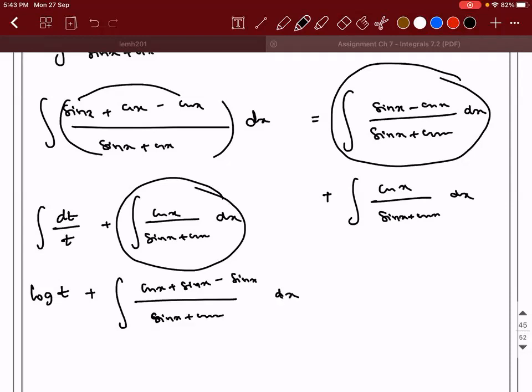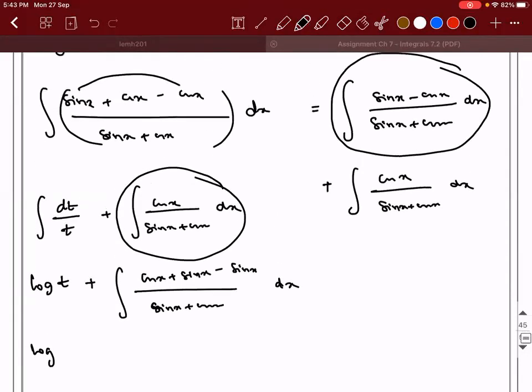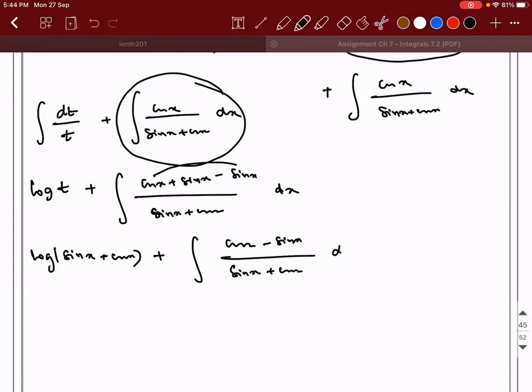I'm adding and subtracting sin x. So log of, what is the value of t here? It is mod of sin x plus cos x plus integral of cos x minus sin x again, plus integral of sin x divided by sin x plus cos x dx.